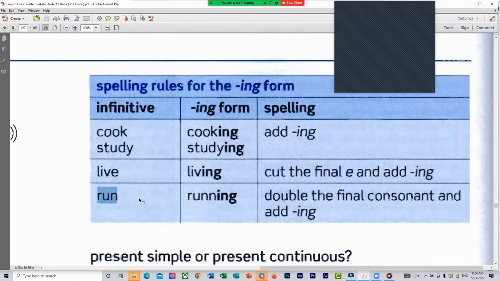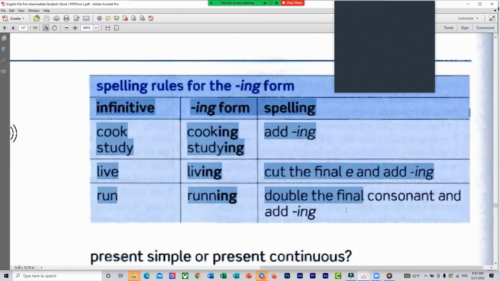Run. So we just double the consonant. When you see a vowel and then a consonant, you double the consonant, like run. It finishes with letter N, one vowel U, and then N. So we double one more N. So we pronounce running. So we double the final consonant and add ing. This is the rule, okay, for the ing form.